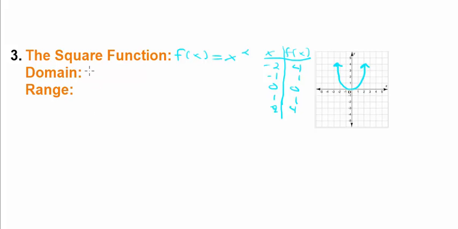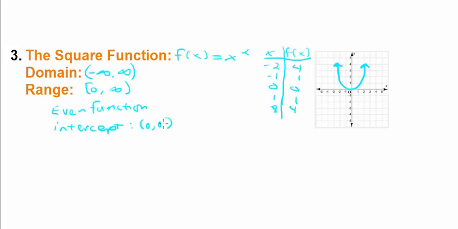Domain will be -infinity to infinity. And the range, in this case, is 0, including 0, to infinity. A couple other characteristics. You'll notice that this is symmetric with respect to the y-axis, which means that this is an even function. The other note is that the intercept is the origin 0, 0.